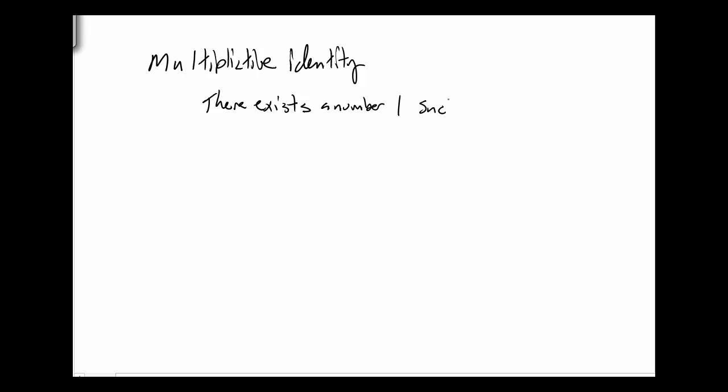So there exists a number 1 such that 1 times a over b is the same as a over b times 1, which is simply a over b. So that there has to exist this number that when I multiply by something, I don't change the value of the number. Okay, there's also the multiplicative inverse property.